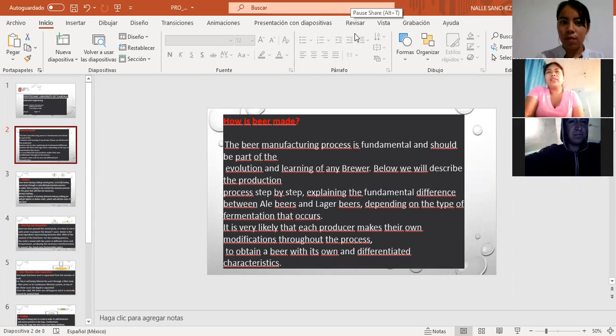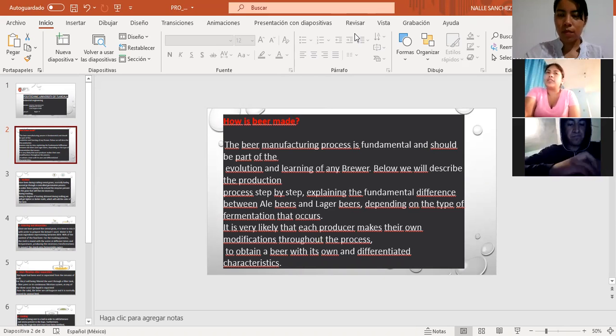How is beer made? The beer manufacturing process is fundamental and should be part of the evolution and learning of any brewer. Below, we will describe the production process step by step, explaining the fundamental difference between ale beers and lager beers, depending on the type of fermentation that occurs.